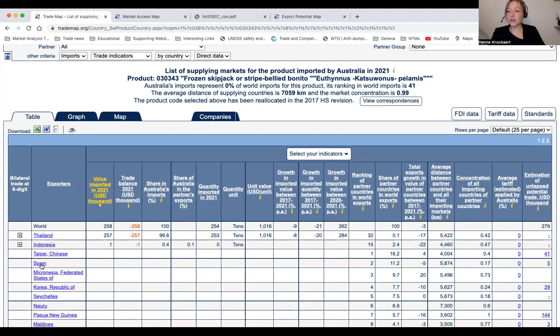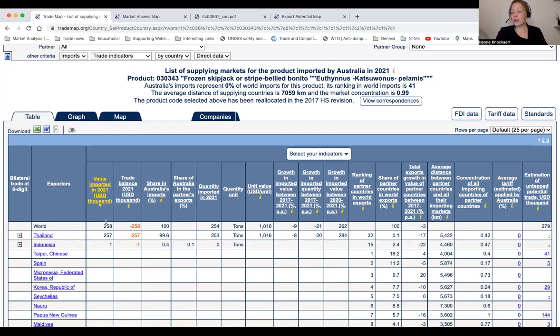So this list is ranked according to the trade value. So here, this is actually quite a low trade value. The first row here shows you the world imports, so Australia's imports from the world for this product. And we can see that there's 258,000 US dollars imported in 2021.